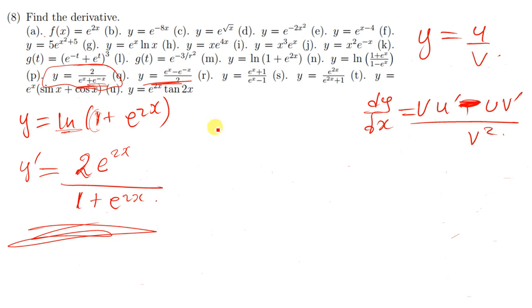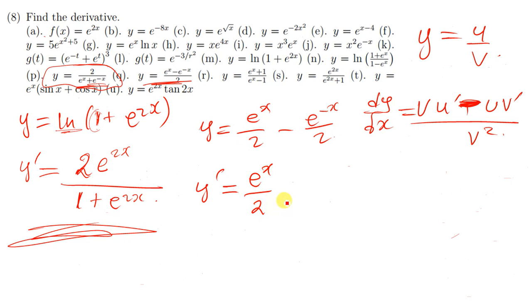But for this one, if you want, you can first split it to y is equal to e to the power x over 2 minus e to the power negative x over 2, and then you differentiate this. The derivative of this is simple. This one is not very long, that's why I'm solving it. The derivative of the first part, you get the same thing, because when you differentiate e to the power x, you get e to the power x.